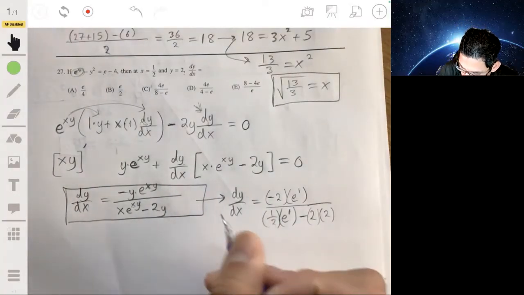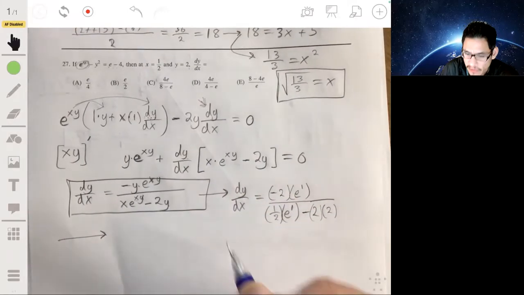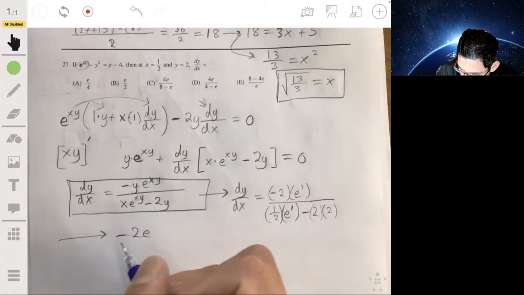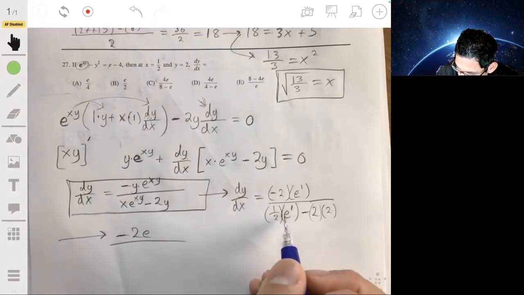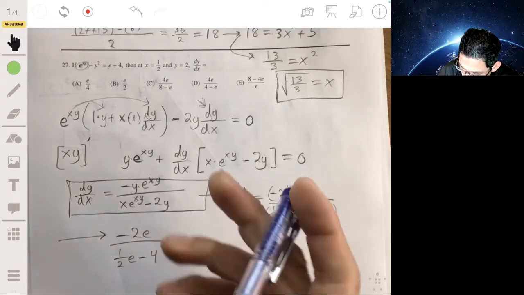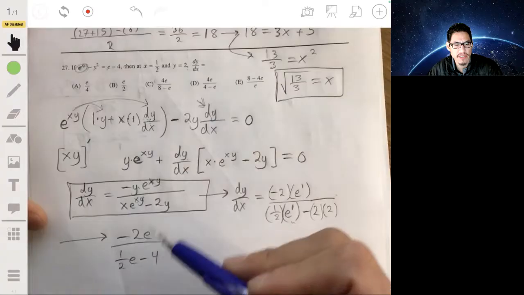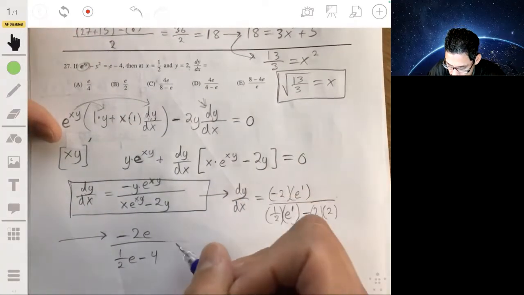Okay, so let's look at what we got here. It looks like they're going to have their answer very strangely simplified. We have negative 2e on top. We have a 1/2 e minus 4 in the denominator. We don't have any of that in this form here, so we're going to do some magic.